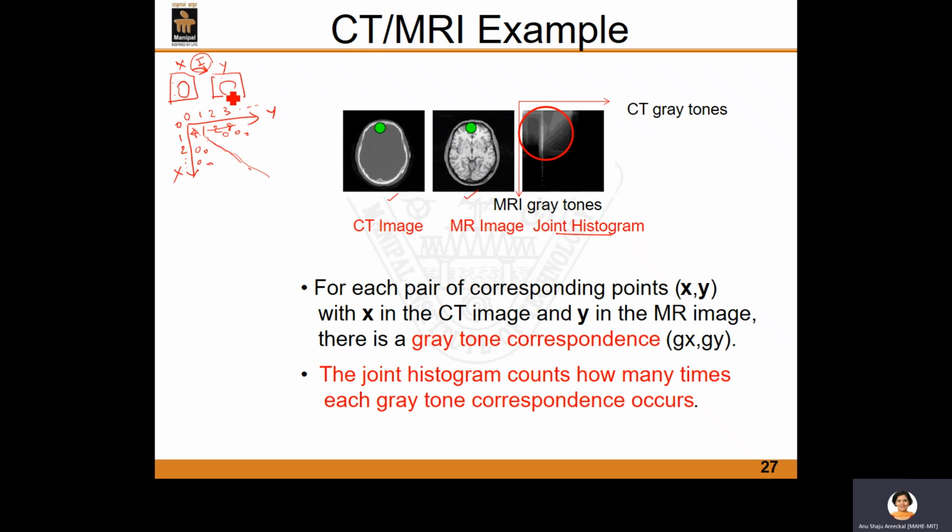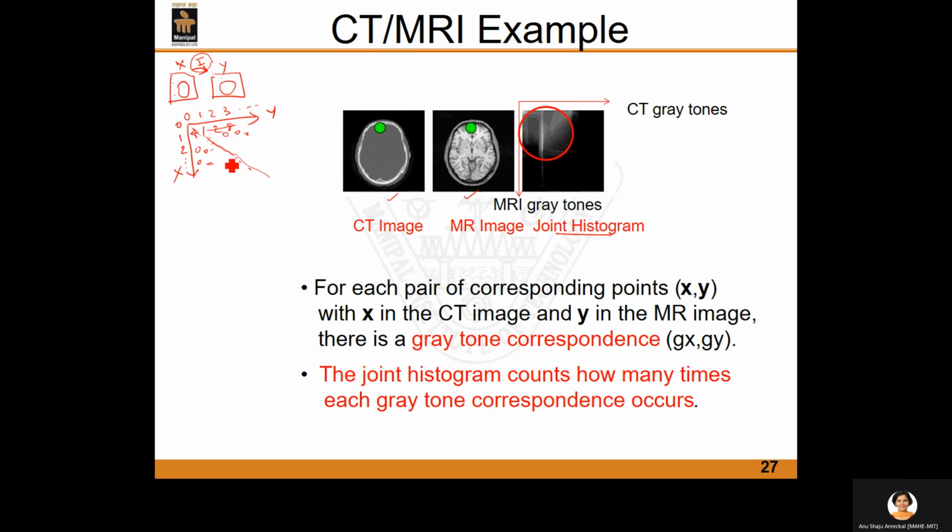But if they are not aligned with each other, then you will get some non-zero values in the other areas also. So how many non-zero values there are, or how much the non-zero values deviate, or how much is concentrated along the diagonal or deviated from the diagonal, will tell us how much transformation is present.